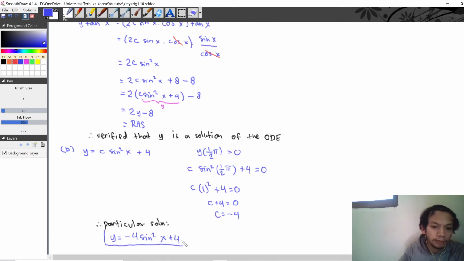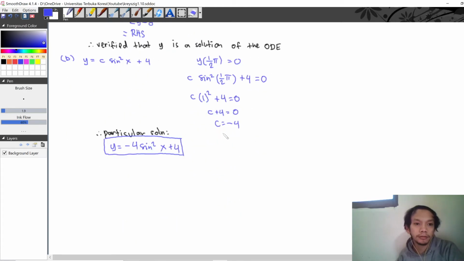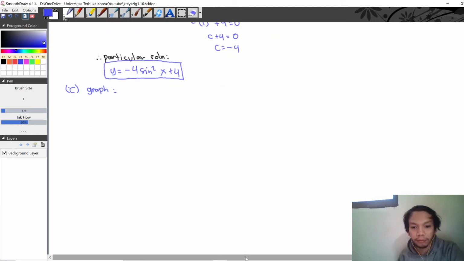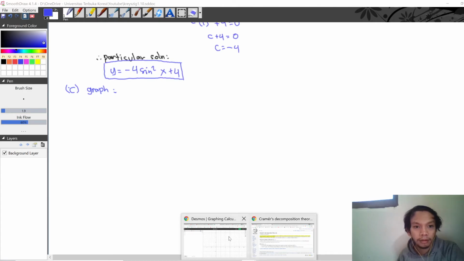So this is from the IVP. And lastly, we need to plot this function into a graph. So let's graph the function. Okay, what tools can we use here? Maybe I will use Desmos.